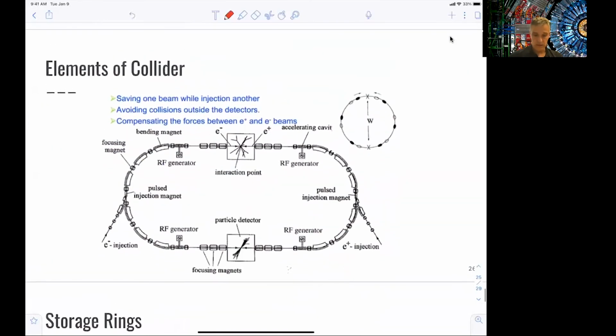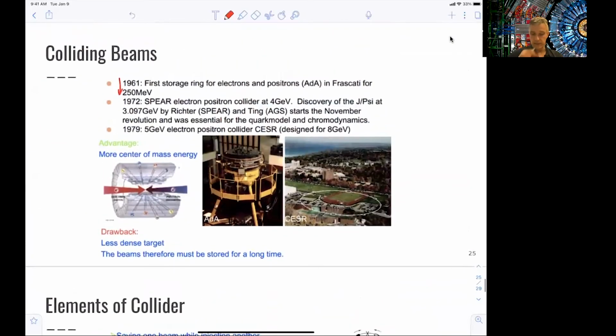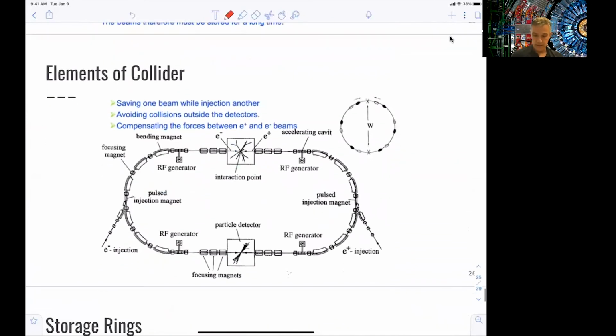This then continued, as you know, to machines like LEP, which had a center of mass energy of up to 210 GeV, and the LHC, with a design center of mass energy of 14 TeV. So the collider elements, what do you need?